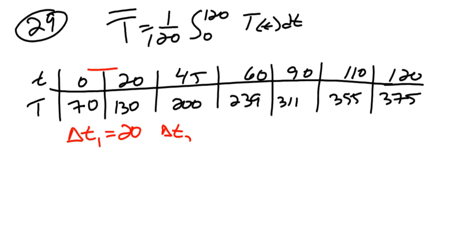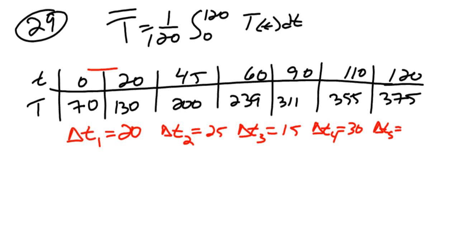But my delta t sub 2 has a width of 25. My delta t sub 3 is 15. My delta t sub 4, it looks like it's 30. Delta t sub 5, 20, and delta t sub 6 is 10.